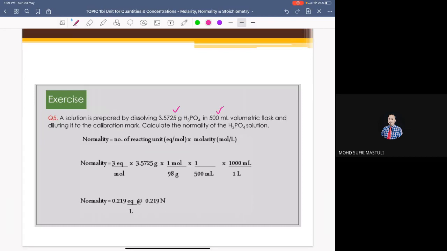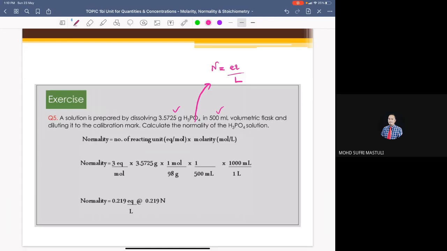Calculate the normality of the acid solution. So as we know, because molarity is not given, normality is equivalent per liter.